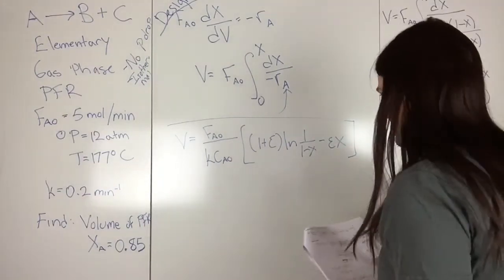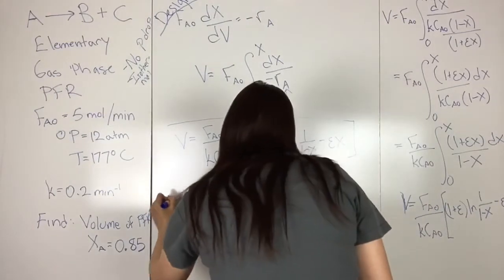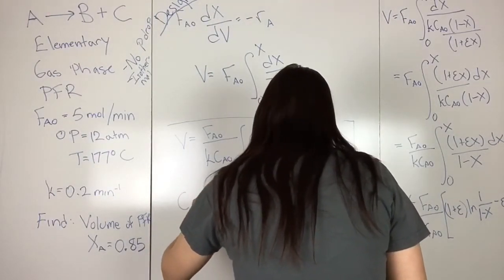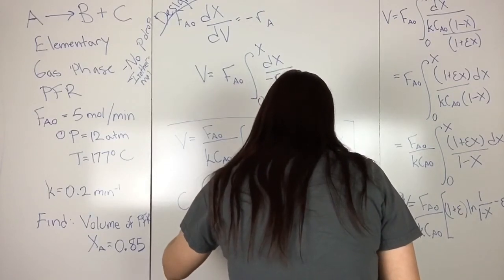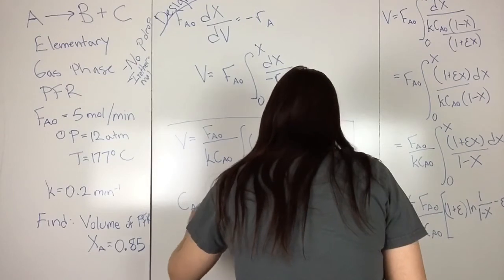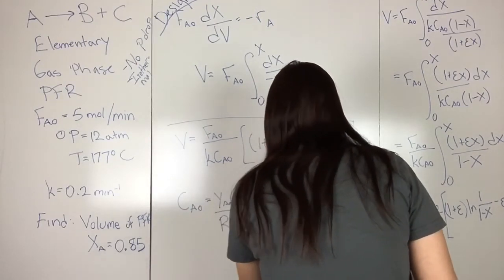So first of all, we calculate Ca naught from the gas law. Ca naught is equal to ya naught P naught over R T naught.